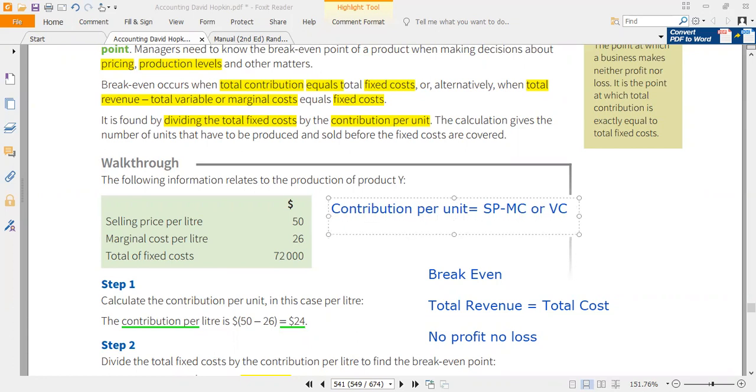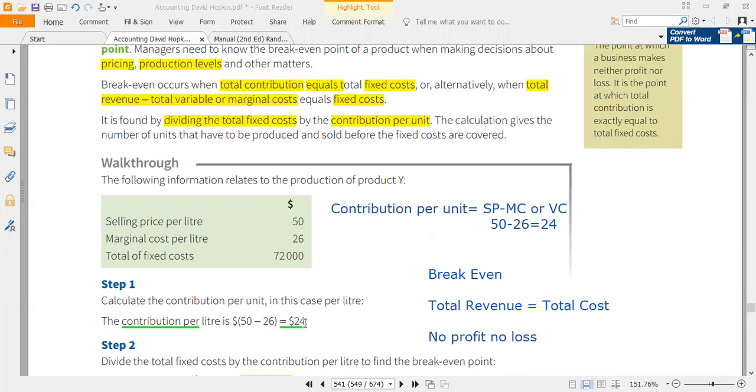In this question, the selling price is 50 and the marginal cost is 26. When you subtract it, the answer is 24. So in this question, contribution per unit is $24.